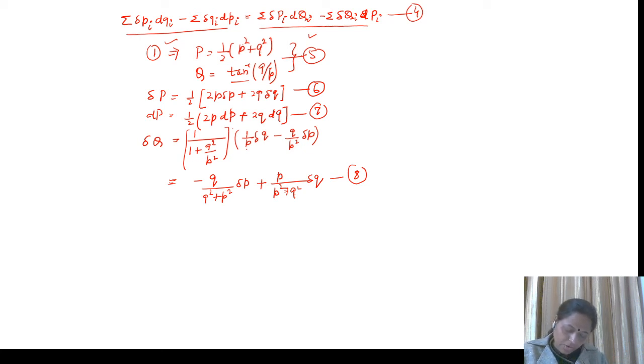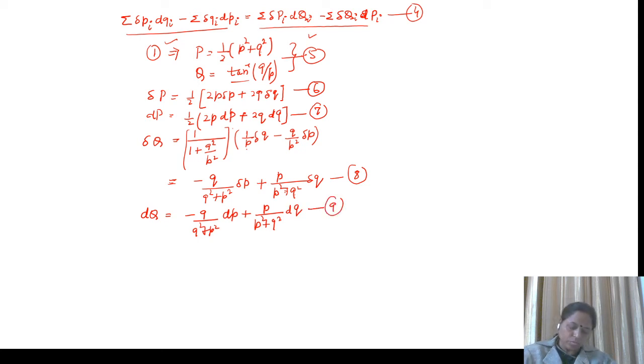This is p square. So similarly dQ will be minus q upon q square plus p square dp plus p upon p square plus q square dq.